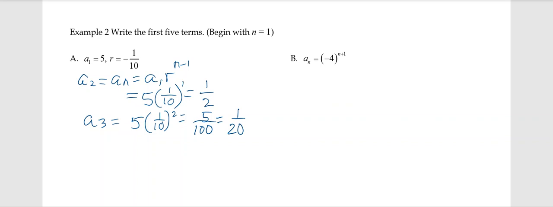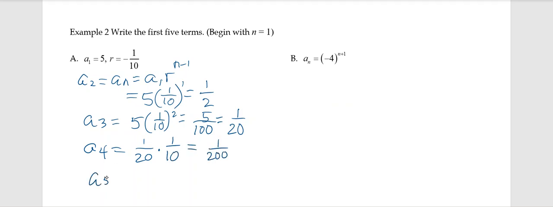So we can keep going in this manner, or we can just realize that to get every successive term, all I have to do is multiply the previous one by 1/10, right? Think of it recursively and it makes your job a little bit quicker. So I'm just going to say a sub 4 is the previous term, 1/20th, times the ratio, 1/10, and I get 1/200th for that one.